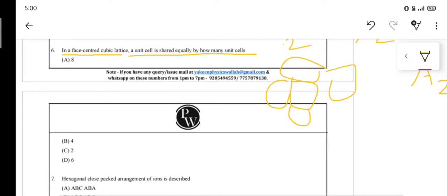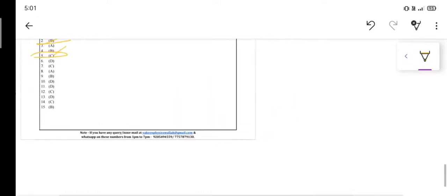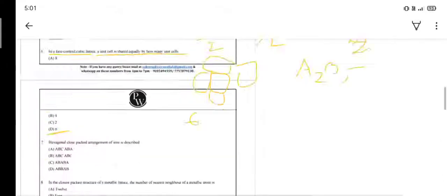Rank means the total number of contributions in a unit cell. So it is not rank, it is the coordination number for a face centered cube. So the coordination number is 6. 6D may be the answer. Yeah, 6D, because its coordination number is 6.